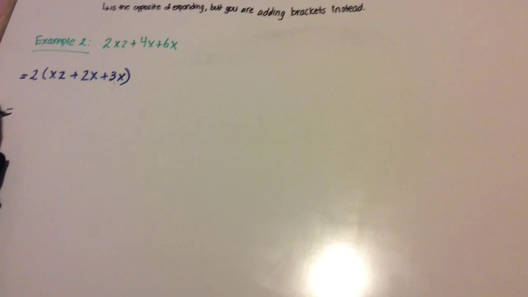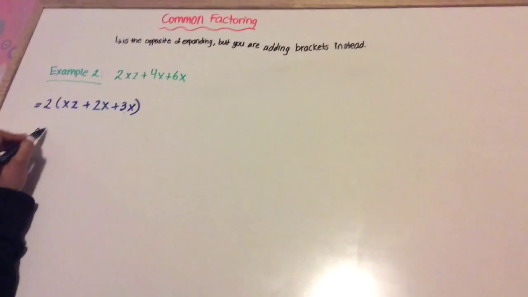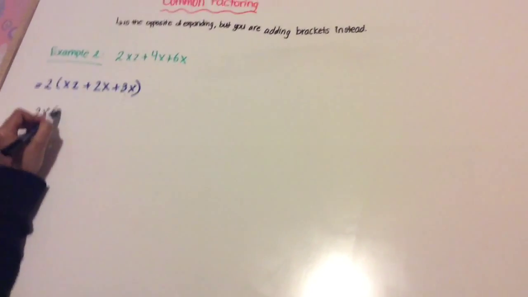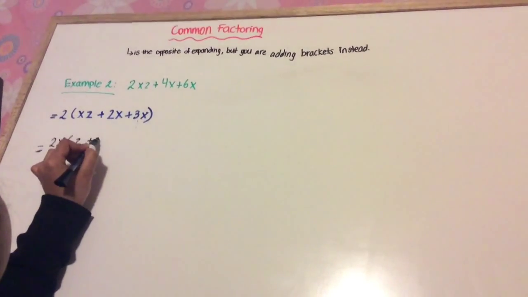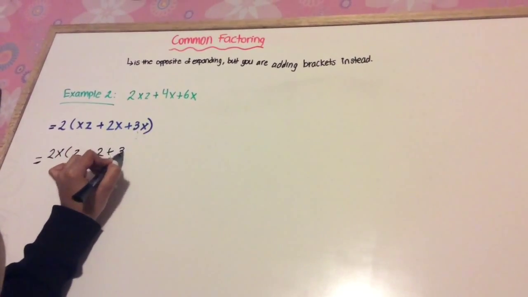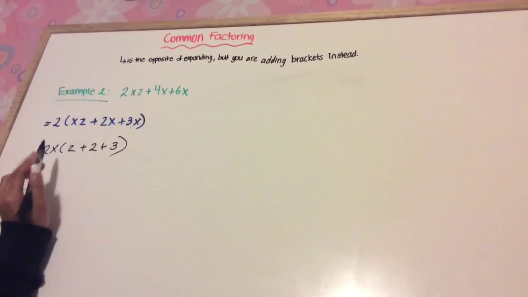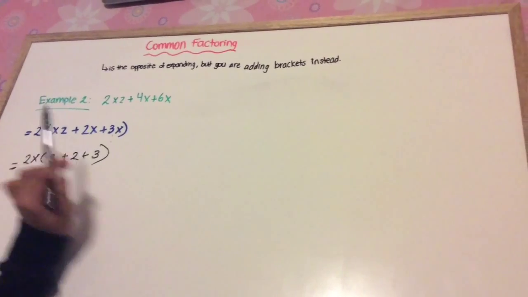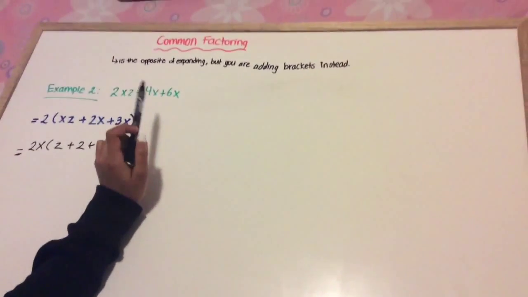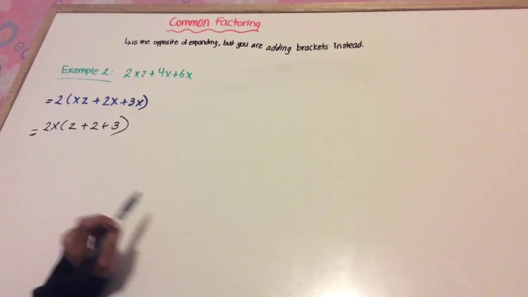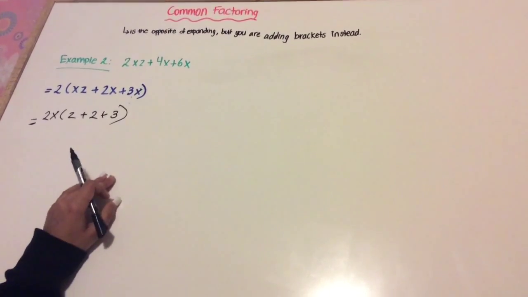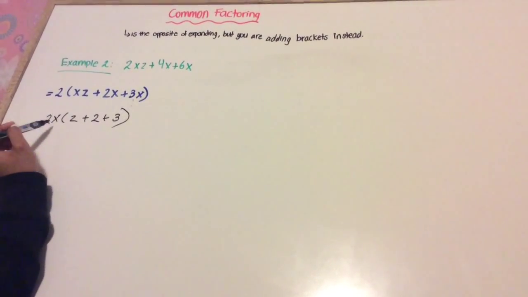So it would just be 2x times z plus 2 plus 3, because the z wouldn't go out because there's no common variable between 2xz plus 4x plus 6x. So the only common variable is x, so you can take the x out as well.